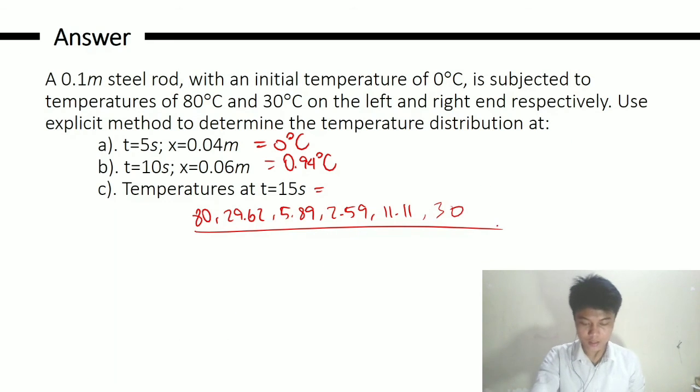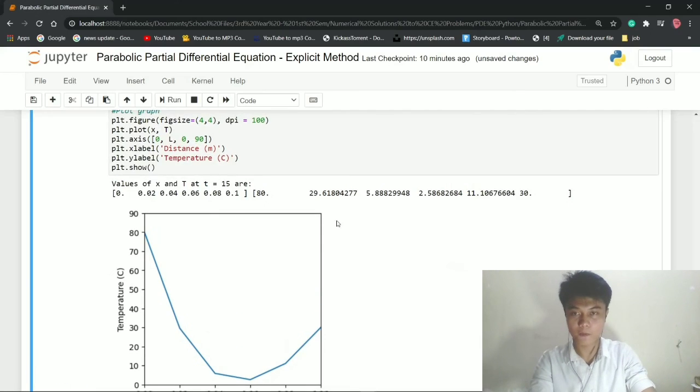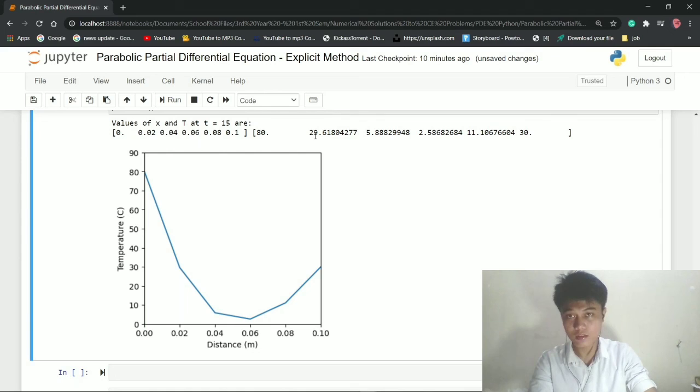Yan na yung ating temperatures at t is equals to 15 seconds. Makikita natin dito sa graph, naka-align naman yan. 29 ito, yung 0.02, yung 0.04 is around 5, and 0.06 is around 2, 0.08 is around 11, and then 30 dito.